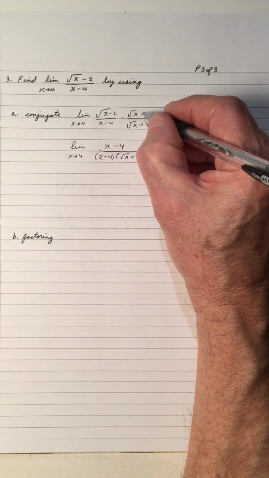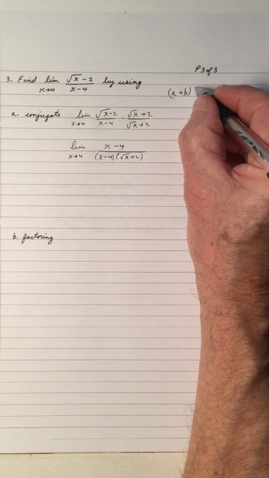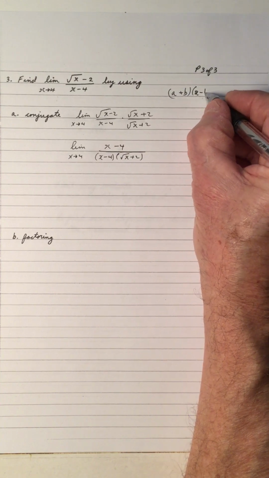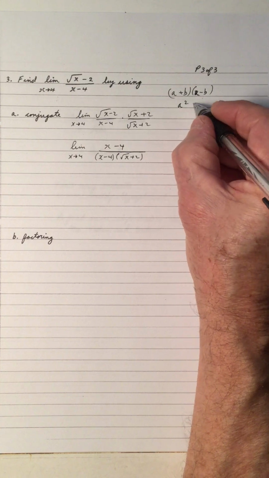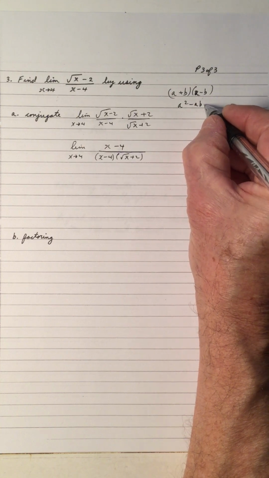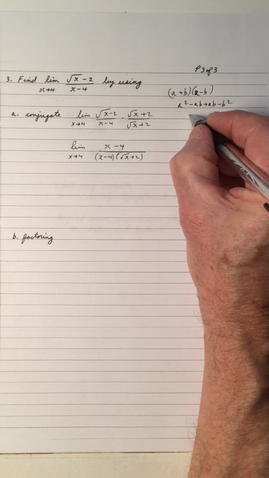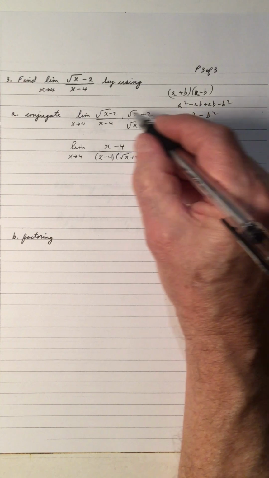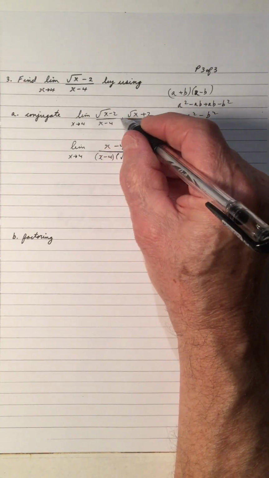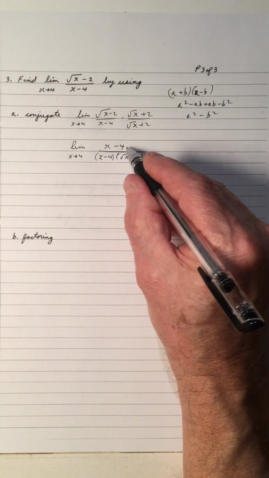Notice this is the difference of two squares. So that's an a plus b times a minus b. That gives us a squared minus ab plus ab minus b squared, so it gives us a squared minus b squared. Because they're conjugates, their product will be the difference of two squares.